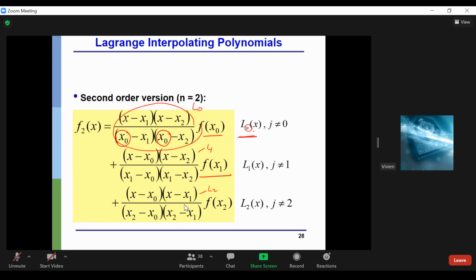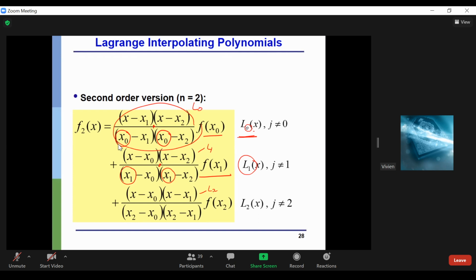And on the top, we have x, the interpolated value, minus all of the values except for x0. So we have (x minus x1) over (x0 minus x1) times (x minus x2) over (x0 minus x2). For L1, we use x1 in the front, in the division, so that we have (x minus x0) over (x1 minus x0) times (x minus x2) over (x1 minus x2).